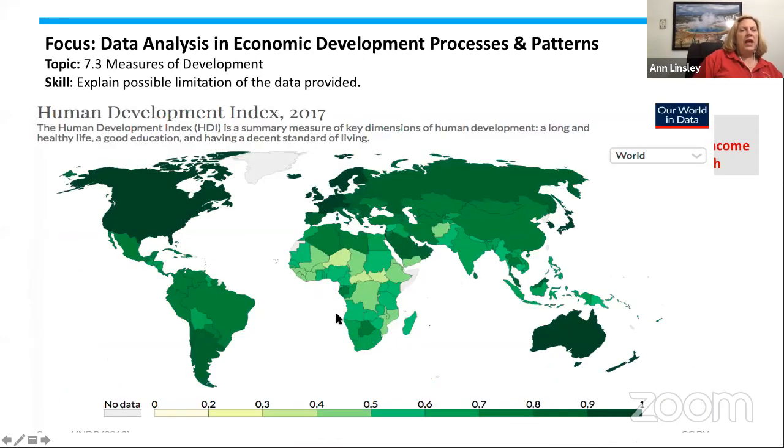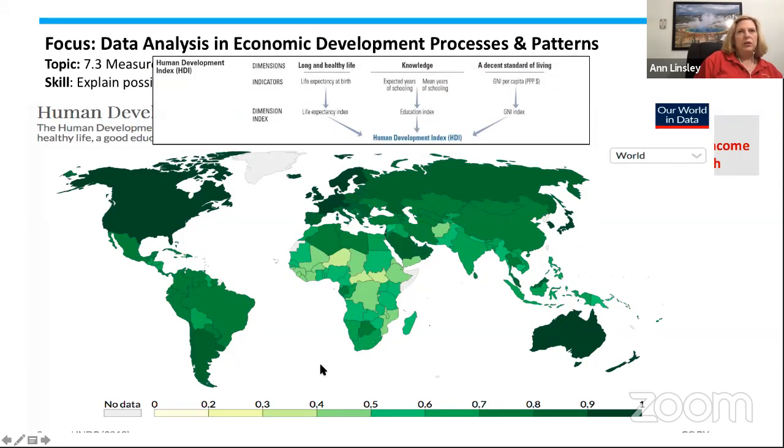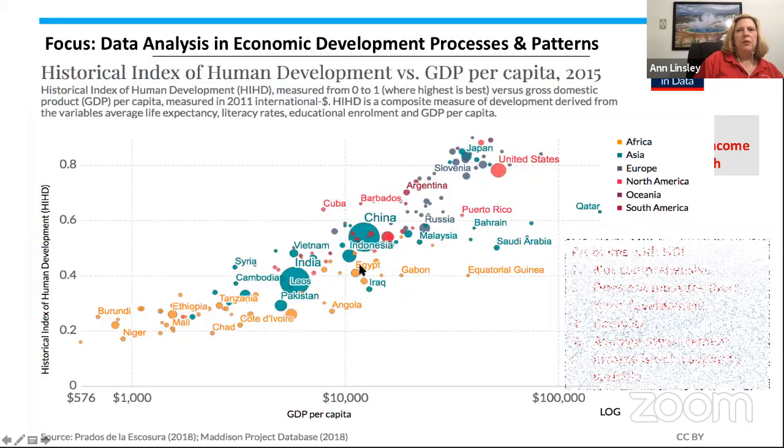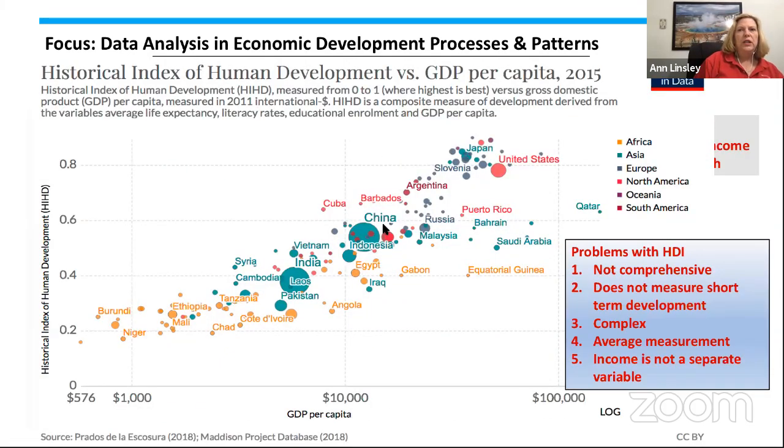The next one deals with the HDI. HDI is one of the ones that everyone memorizes: life expectancy, knowledge, decent standard of living, all of that. That's great, but we begin to have similar problems here. When we look at HDI, we look at the problems with it. It's not comprehensive. We're looking at multiple variables that come in to give us this index.